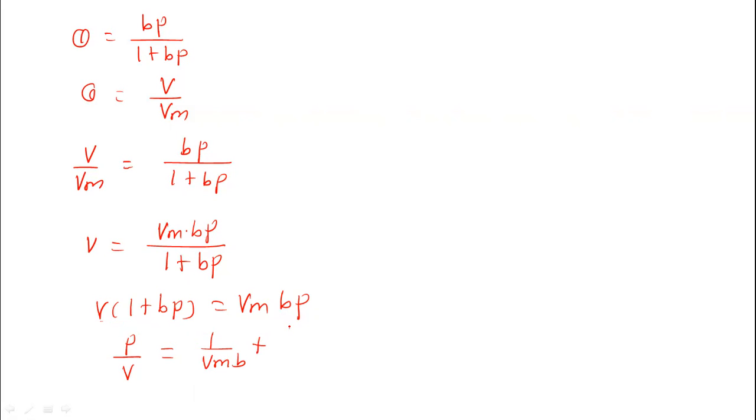This is written as p upon Vm, as b gets cancelled there. So this equation is called Langmuir's adsorption isotherm.